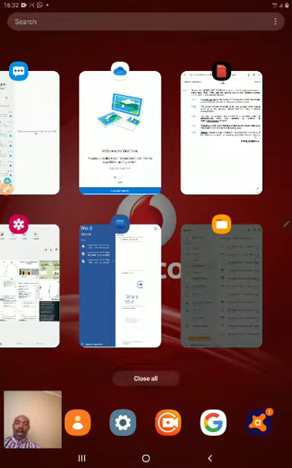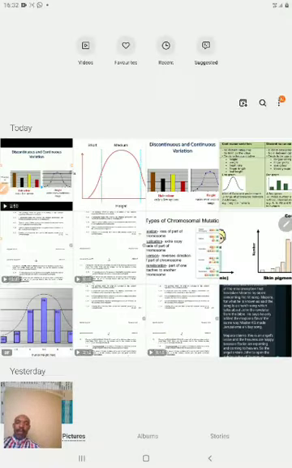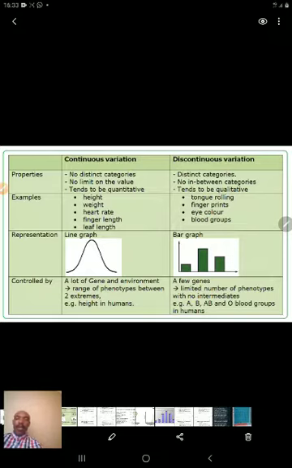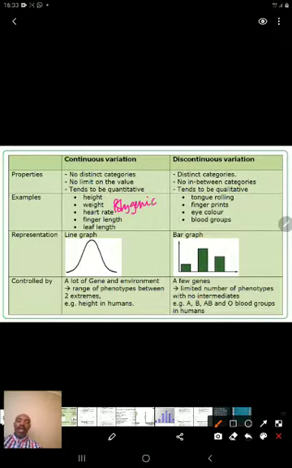Let's look at the difference between continuous and discontinuous variation. Continuous variation: you can see all these are polygenic characteristics, polygenic inheritance examples.